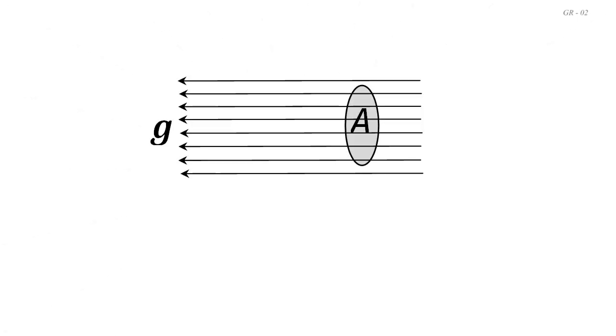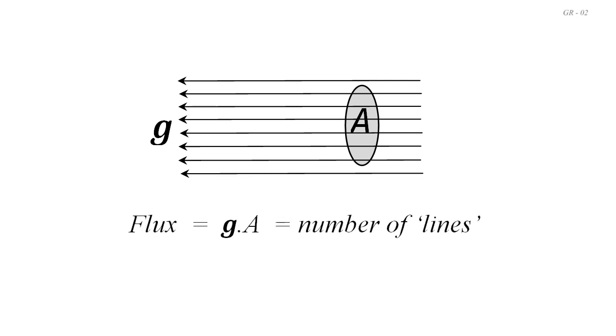If the field's little g was constant or uniform at a particular place with parallel, equidistant lines, and the plane of the area was at right angles to it, in other words, the area vector was parallel to g, then we could write that the total number of lines passing through the area, the flux, was simply the field value g times the area. And you will know that this g dot A is a scalar product or dot product, where we consider the area to be the vector perpendicular to the plane of its surface.